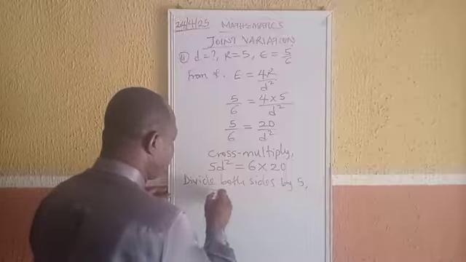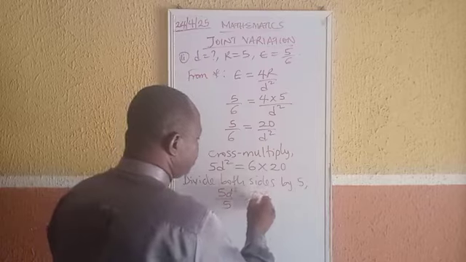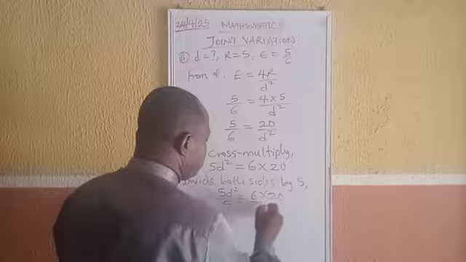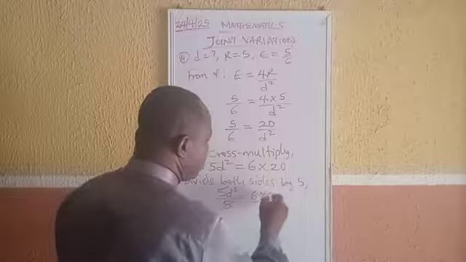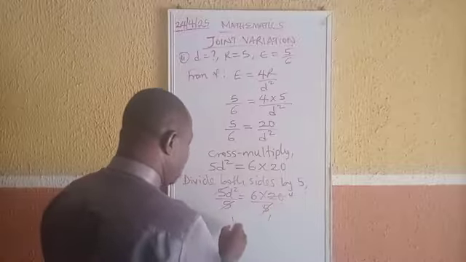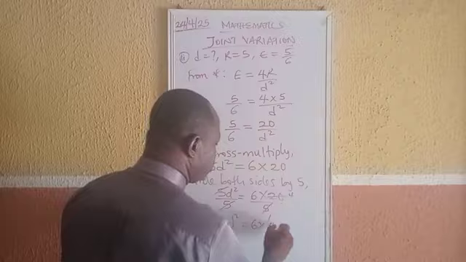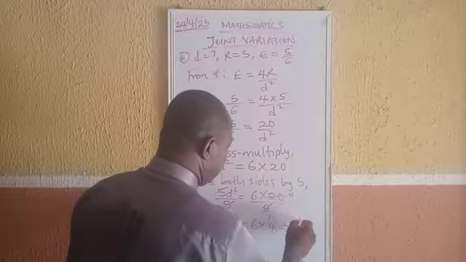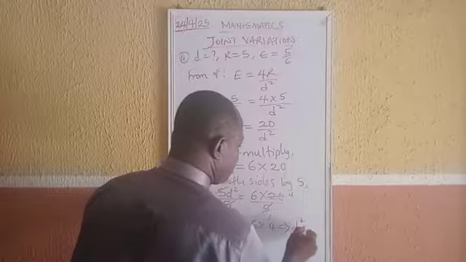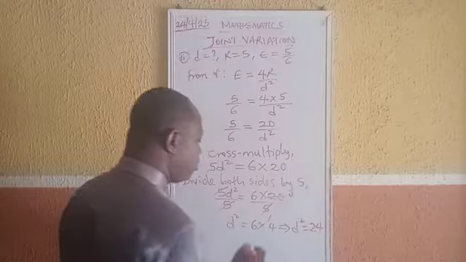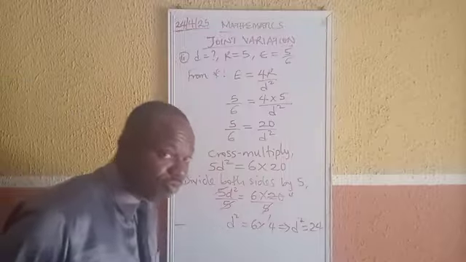We are going to have 5d square over 5 equals 6 times 20 over 5. 5 will take 5 here, 1, 5 here is 4. So we have that d square equals 6 times 4, which implies d square equals 24.